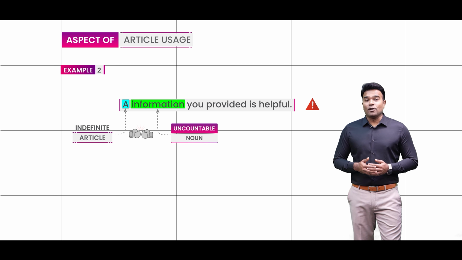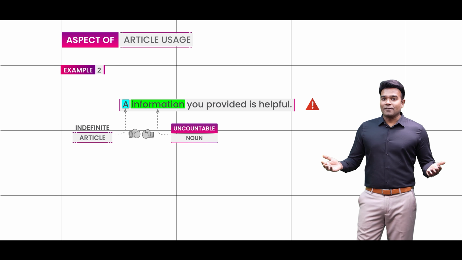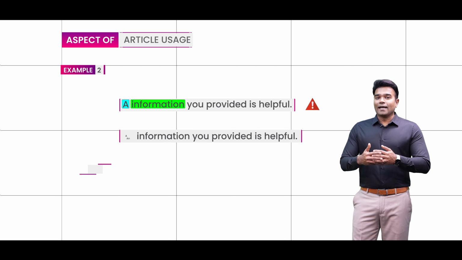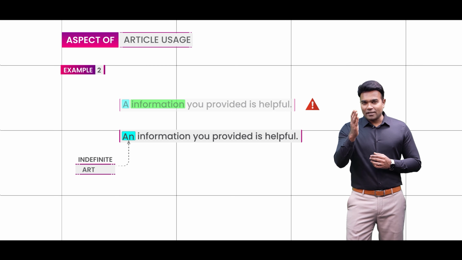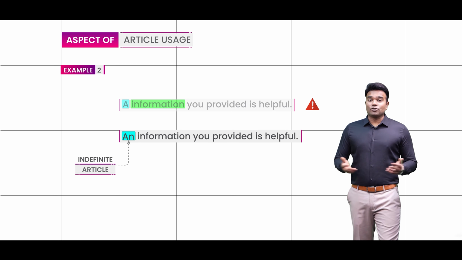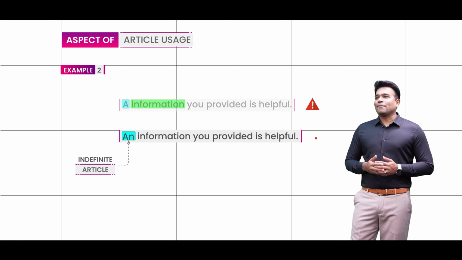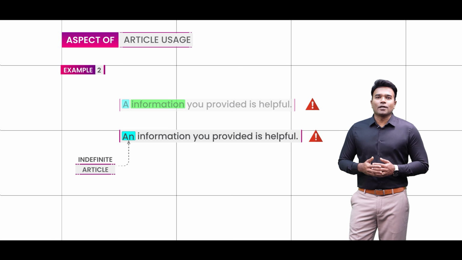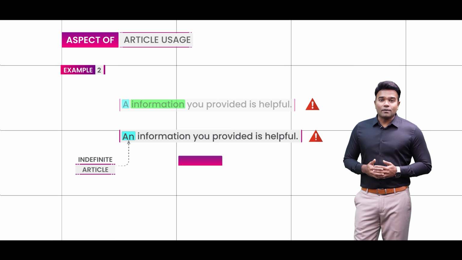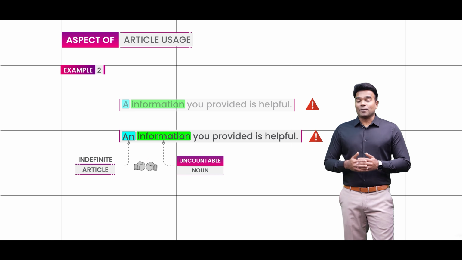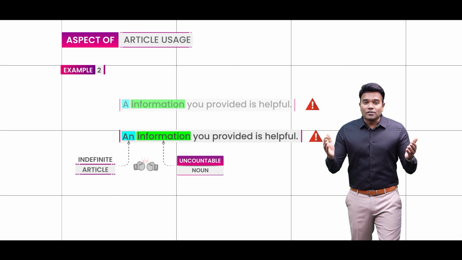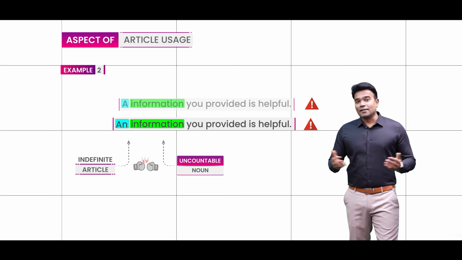You know that a is not the only indefinite article. We also have an as the indefinite article, and in spite of the fact that you have used the indefinite article an over here, still the sentence is invalid because neither can you use a nor can you use an with an uncountable noun such as information. But then, can we use the? Have a look at this sentence.